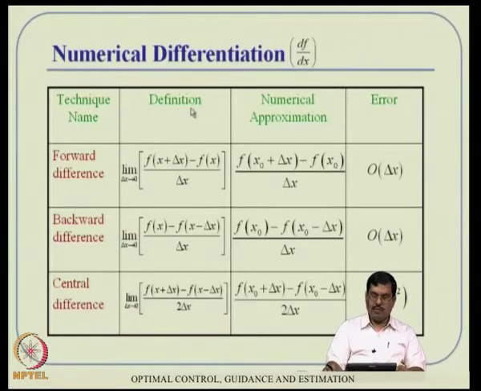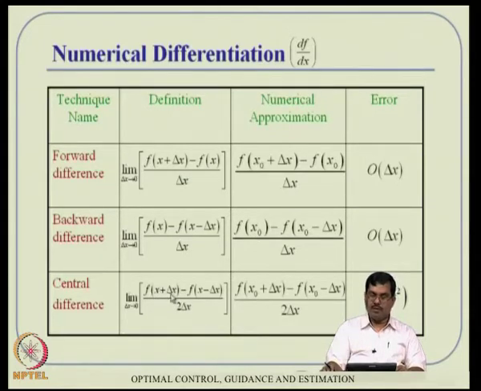Many times we need numerical differentiation. We know this is the definition. We can either define it in the forward difference way, that means limit delta x tends to 0, f of x plus delta x minus f of x divided by delta x, or in a backward difference sense, that means f of x minus f of x minus delta x divided by delta x. Or you can find it in a central difference way.